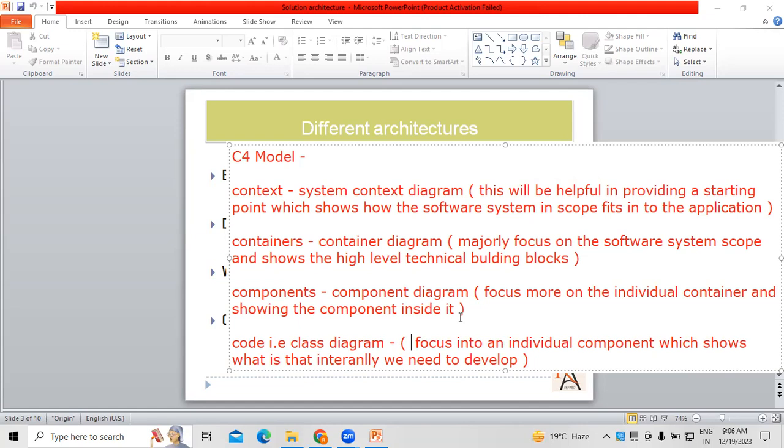Because generally roadmaps we know, especially when we are working in an agile environment, we will be knowing about the roadmaps. Functionally, roadmaps are different.